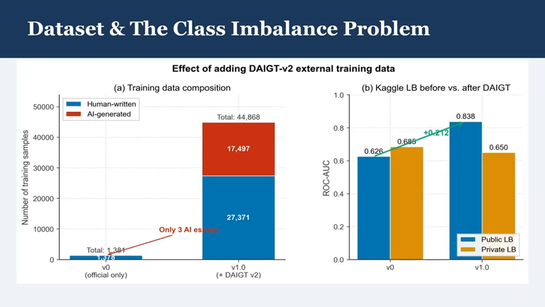As you can see in panel A on the left, to address this, we incorporated the publicly available DAIGT v2 external dataset, which contains roughly 45,000 balanced essays, roughly equal numbers of human writing and AI-generated text, where the AI content was produced by models like GPT 3.5, GPT 4, Claude, and Llama.